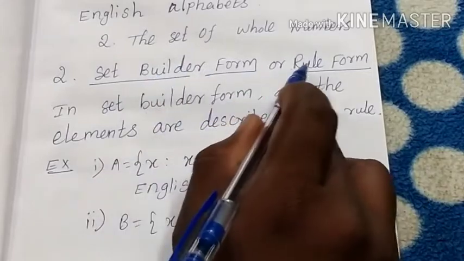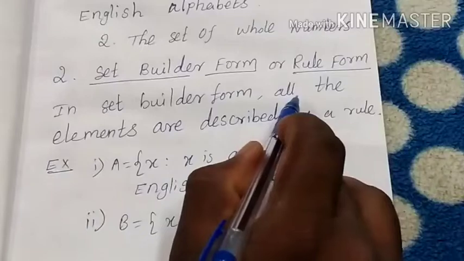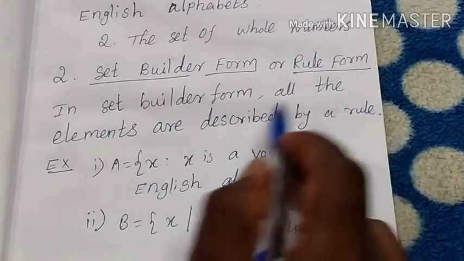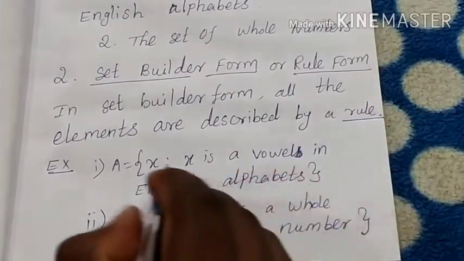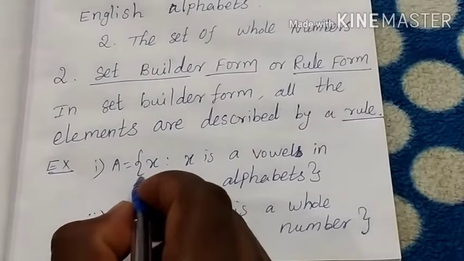Set builder form or rule form. The definition is, in set builder form, all the elements are described by a rule. This is the rule method. Okay, so consider the above example, the set of all vowels in the English alphabet.